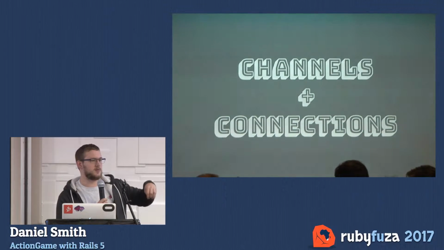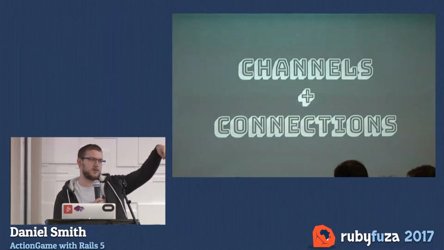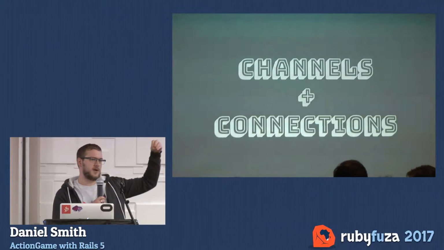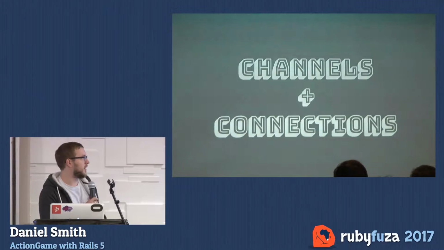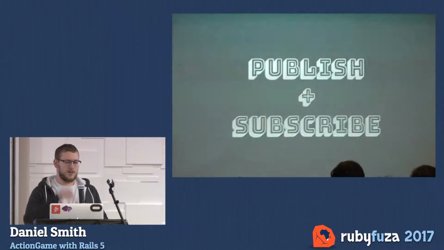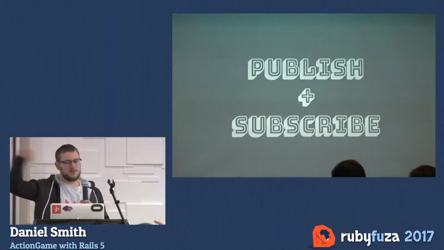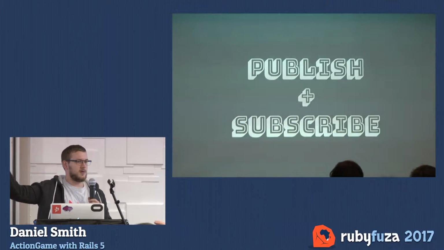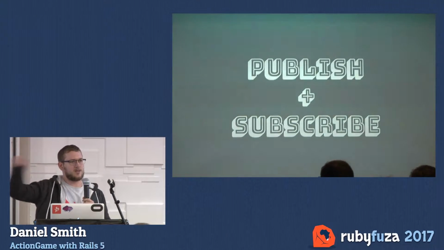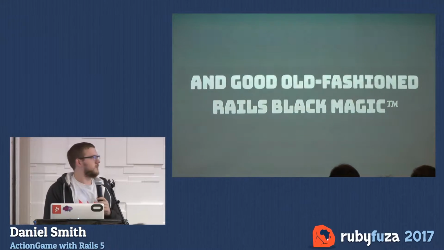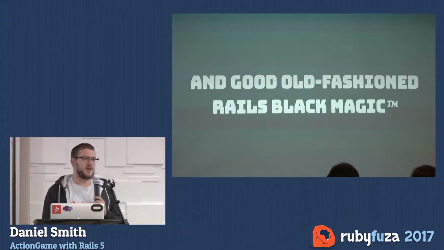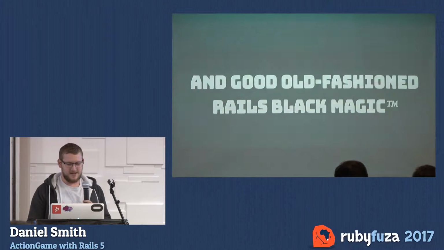Your client will create a WebSocket connection with your Rails server, and then you define a channel, which is kind of like a controller for a WebSocket, and then the clients can subscribe to a channel and publish messages to it, and that's how the communication works. And that works off good old-fashioned Rails black magic. We'll see some of that just now.